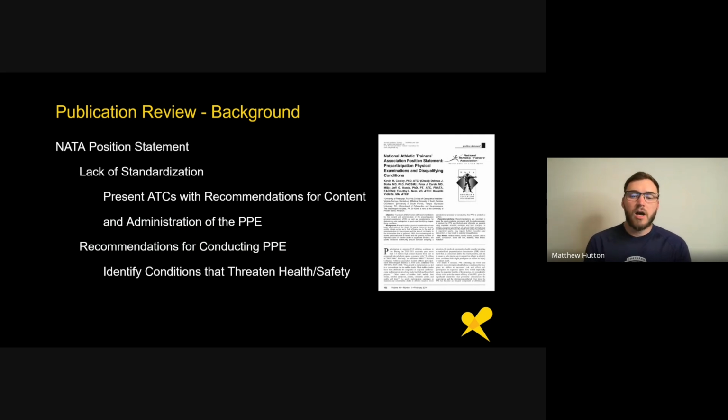So one of the things that was kind of interesting was, when they were identifying those conditions that threaten health and safety, they were talking about the quality of evidence. And some of the points that they emphasized were that a physician, for example, should review everybody's entrance exam thoroughly to make sure that it's accurately assessed.